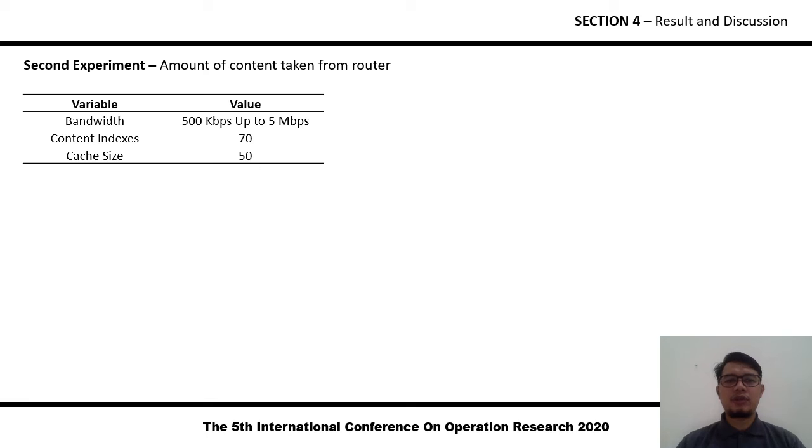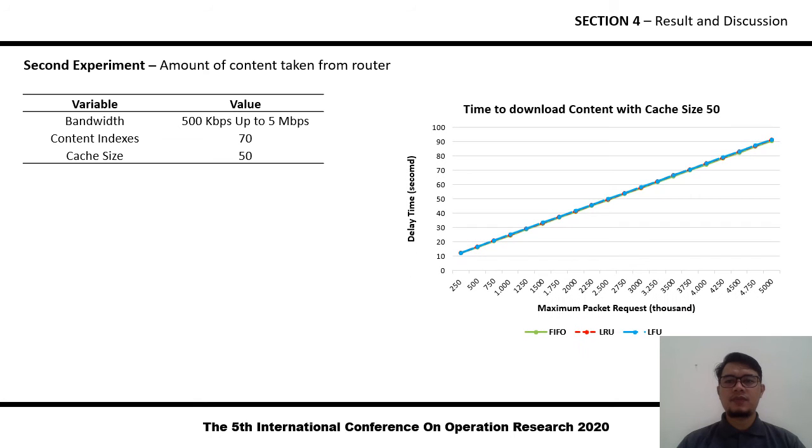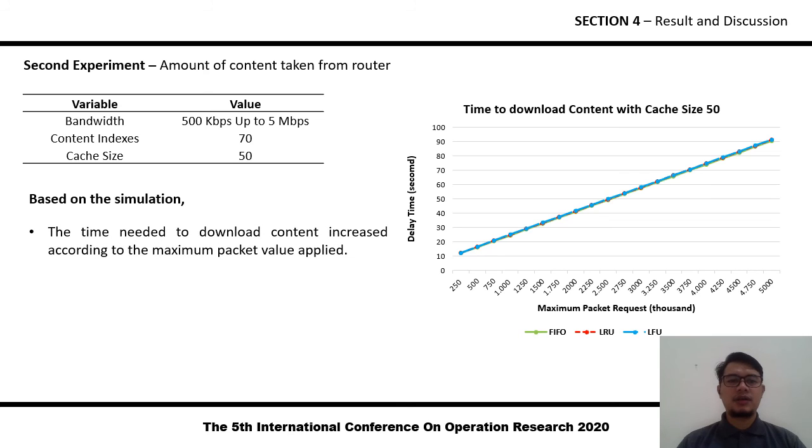So in the second experiment, we make the cache size a static value, and then we vary the maximum packets that they can download from the router. So this is a picture that shows you the time to download content with the cache size statically at 50. Based on the simulation, the time needed to download content increased according to the maximum packet value applied.